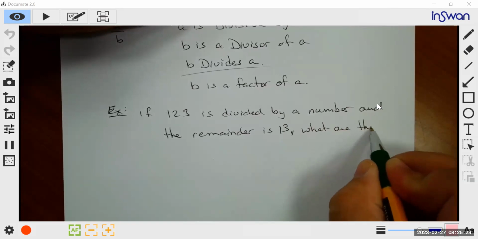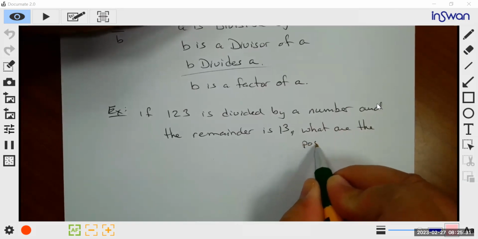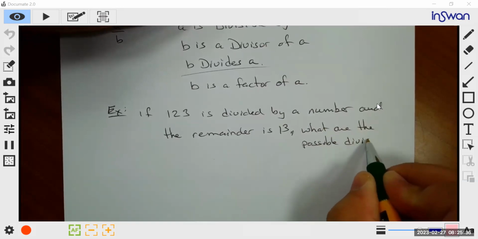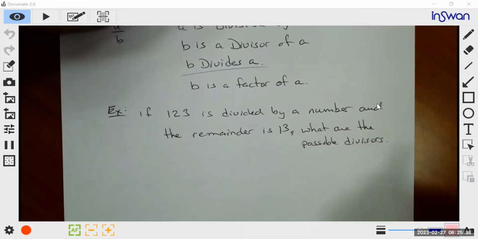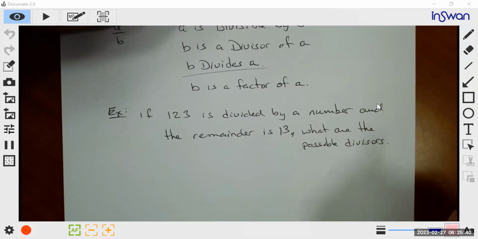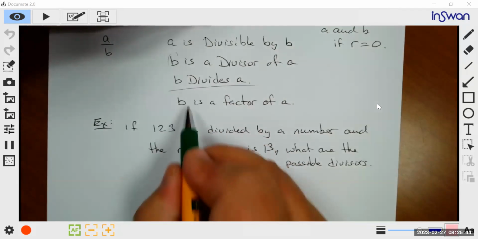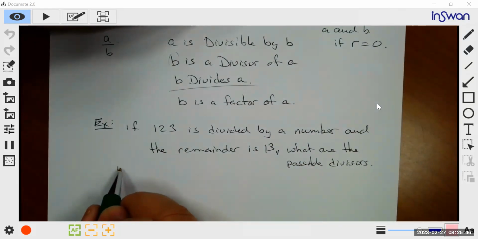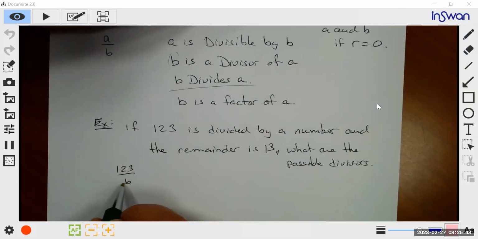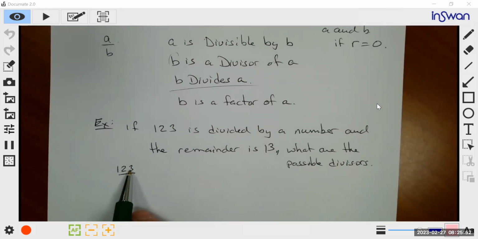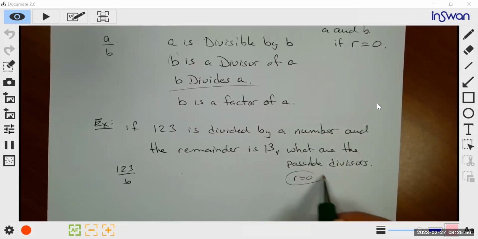What are the possible divisors? Remember, here it says B is the divisor. So we're looking for what number goes on the bottom. So we have 123 divided by B. What numbers can we divide into there that give us a remainder of 13?